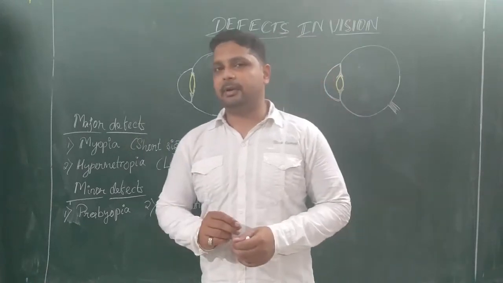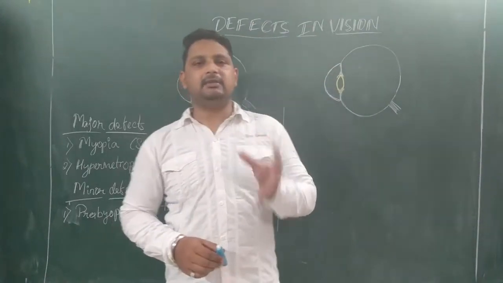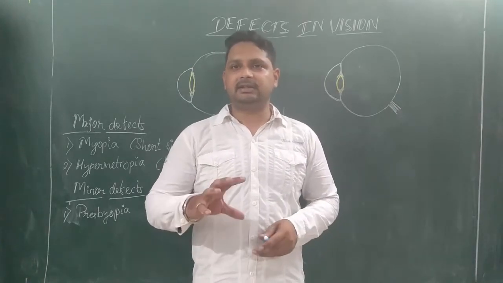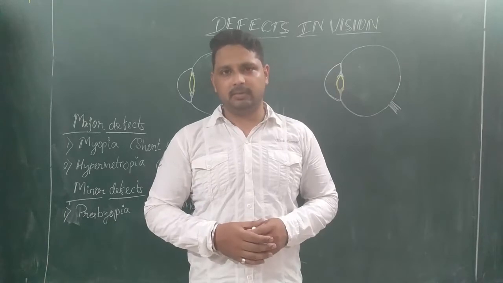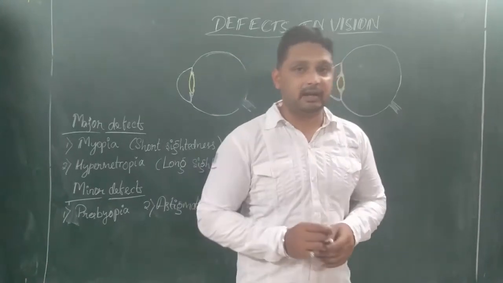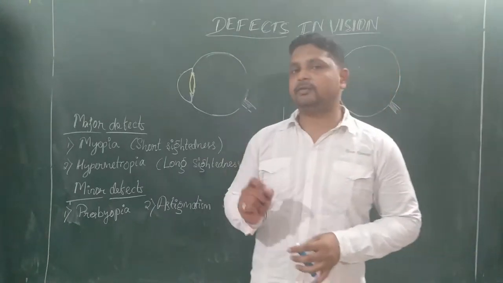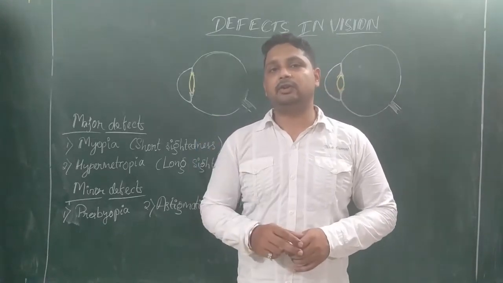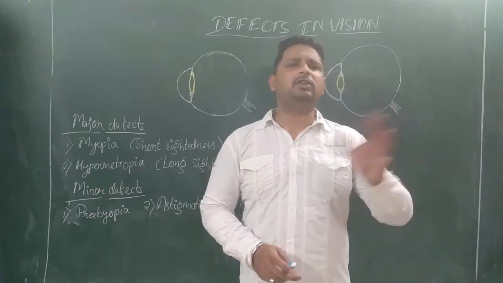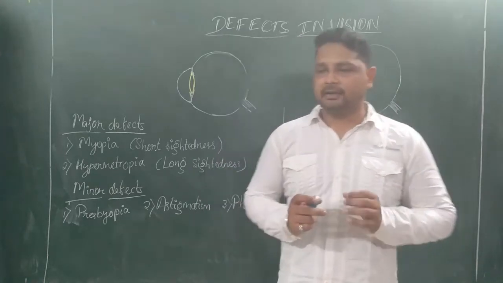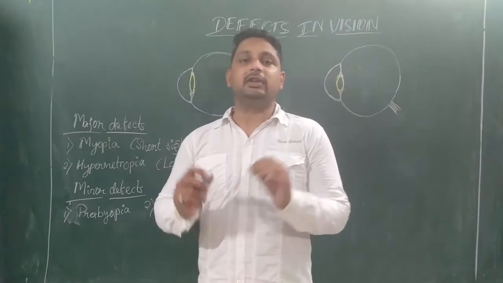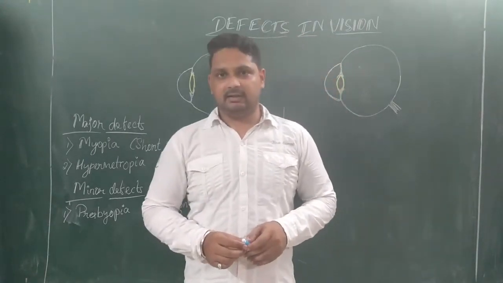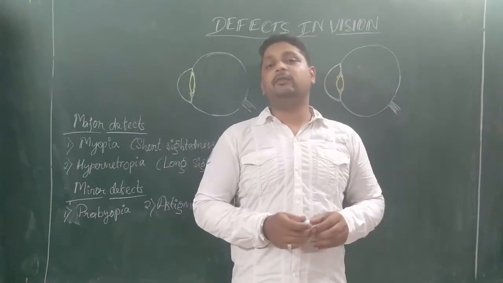If a part malfunctions, the machine shows problems. Likewise, if some part of the human eye does not work or gets damaged, its functioning gets affected. Here we will study problems by which vision is affected. These are called defects of vision.